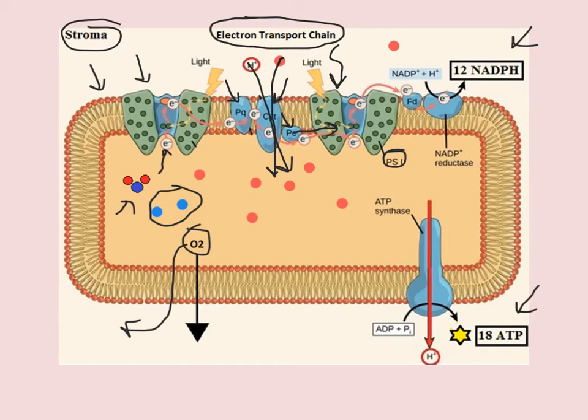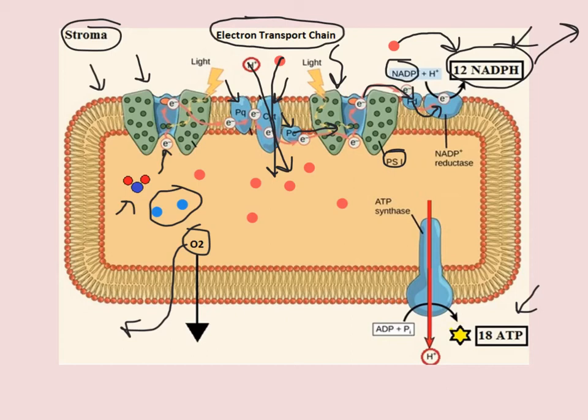It's then passed down to a guy named ferredoxin, which takes it to the last protein structure called NADP reductase. From there, NADP reductase attaches the electron to NADP along with a hydrogen ion, another one of those red balls, to form NADPH, which goes on to fuel the Calvin cycle.